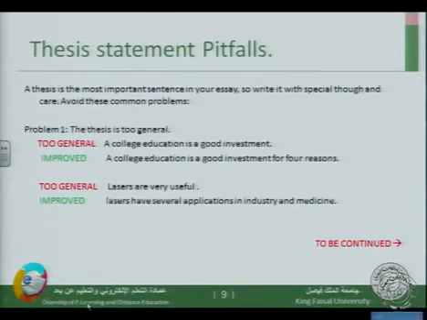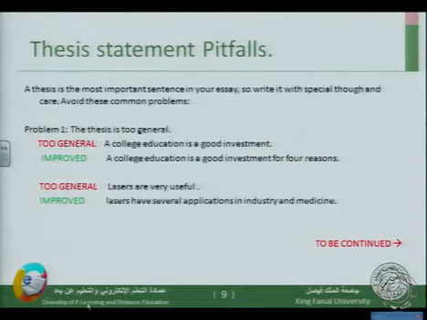A thesis statement, by the way, is the most important sentence in your essay. So you need to pay attention to your thesis statement. You need to avoid the following problems.